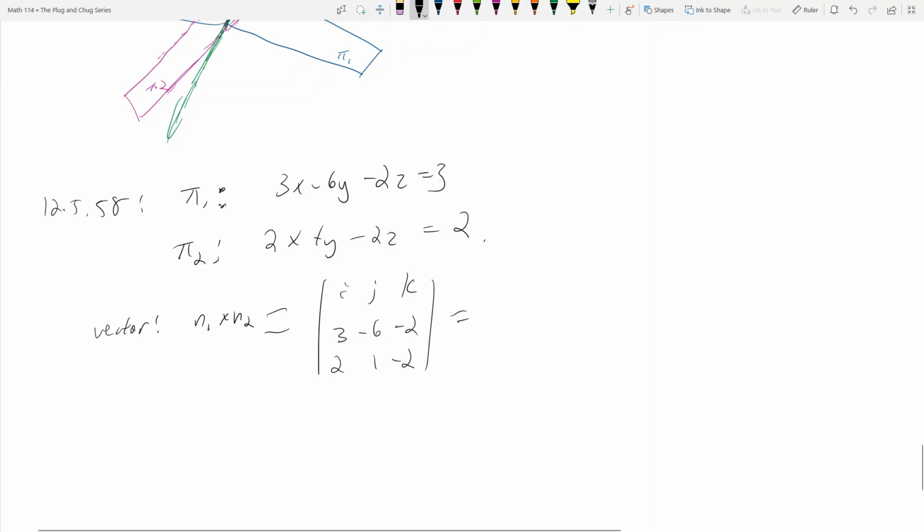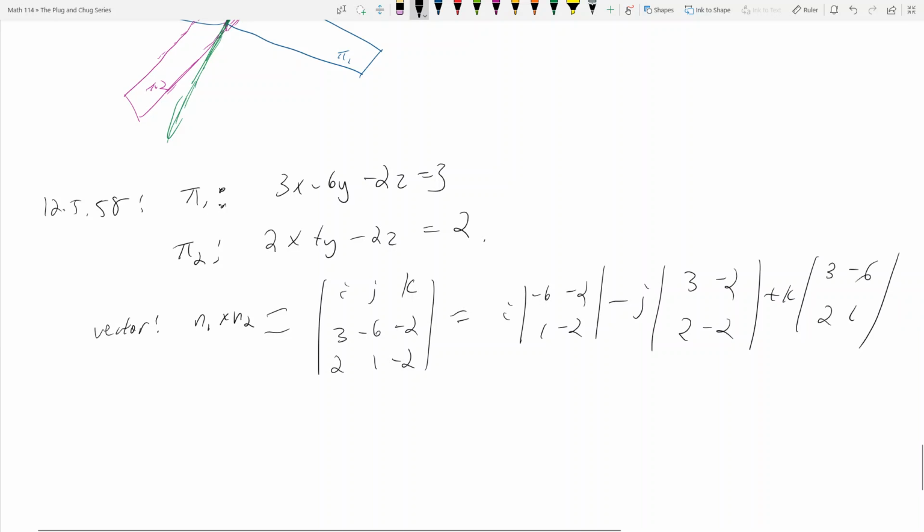So this is i times (negative 6, negative 2, 1, negative 2), minus j times (3, negative 2, 2, negative 2), and k times (3, negative 6, 2, 1). Then this is negative 12 plus 2, so negative 10i, minus, that's negative 6, that's plus 4, so this becomes plus 2j, and this last one, 3 plus 12, plus 15k.